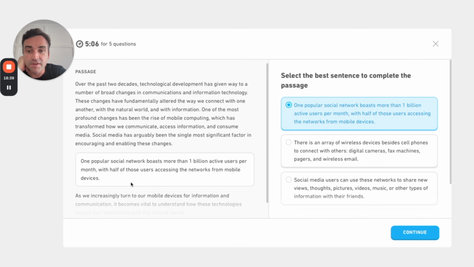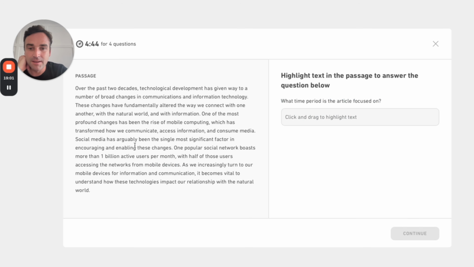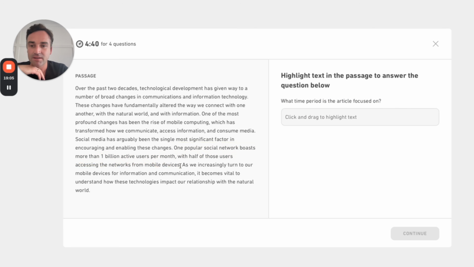Alright, so I'm going to go for this one here, and the reason being is that it ends with mobile devices, and then the last part of this whole passage begins with mobile devices. So that's the connection. Social media, and you have social networks, mobile devices, and mobile devices. And you can check here. And the answer is correct. Yes, I was right.